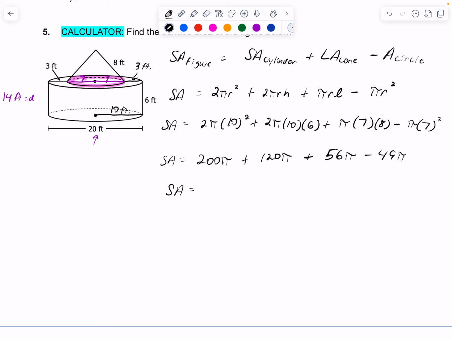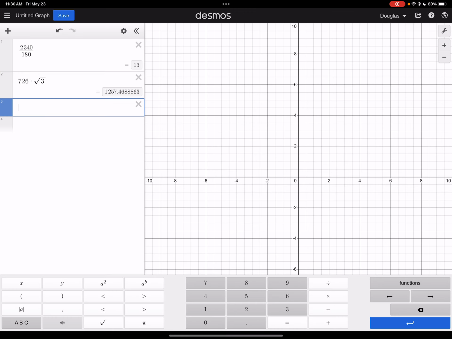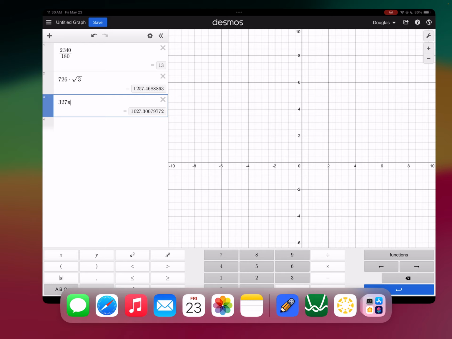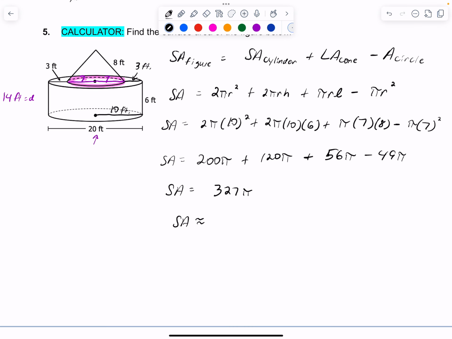So that's, let's see, 320, 376 minus 49 is going to be 327 pi. And so if I want to get an approximate, I'll go to the calculator to do 327 pi. So approximately 1027.30. We are doing surface area, so it's going to be square feet.